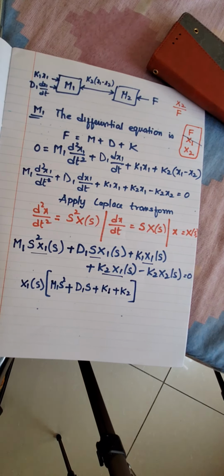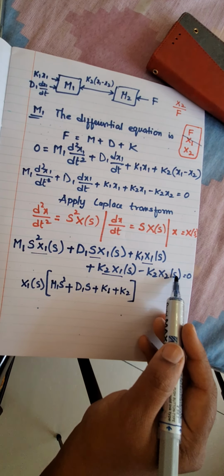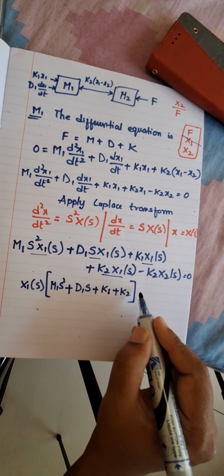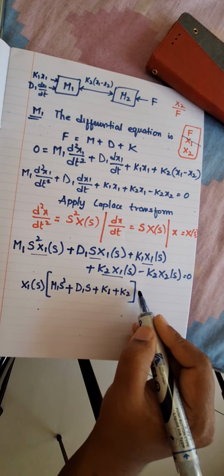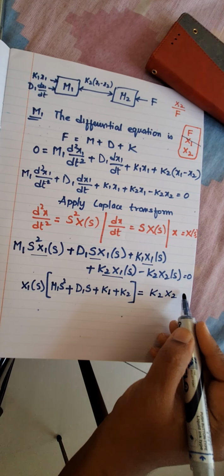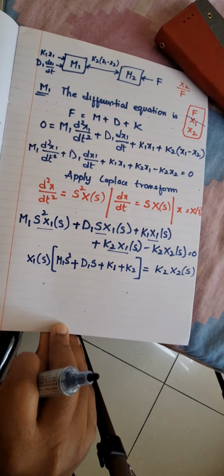I wrote everything. Now the remaining term is k2 X2 of s. Let me send it to the right-hand side because it is already equal to 0. The negative will go to that side and become positive. So k2 X2 of s.